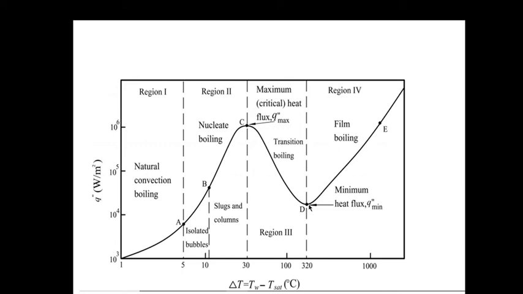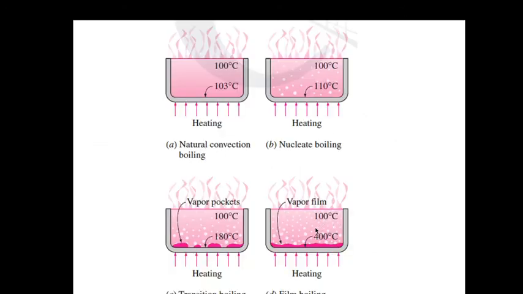After this point D, the fourth region is film boiling. What is film boiling? In film boiling, a film is created at the bottom side of the bowl, a fully developed vapor film that allows heat to pass through it.